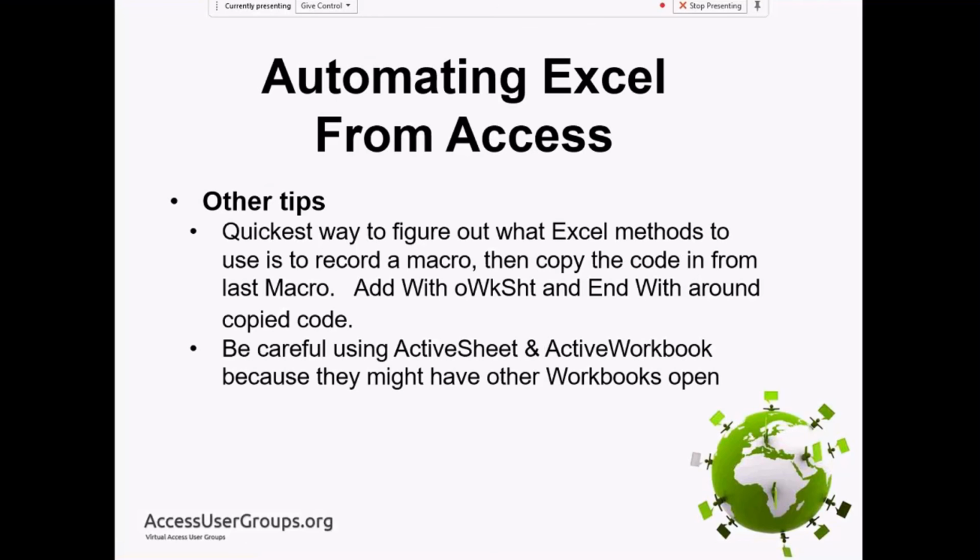The ActiveSheet and ActiveWorkbook can get pretty dangerous if they have other workbooks open, and maybe you have a couple-step process where you do one thing, and then they go over and get interrupted with a phone call and go to a different workbook, and then they come back and use something else. If you happen to be sharing an Excel application instead of having two different instances of it open, you can be on the wrong one, or the one that you don't think you are, if they've done some work in between. So I try to avoid the use of that from Access.